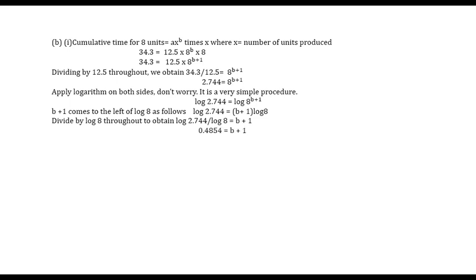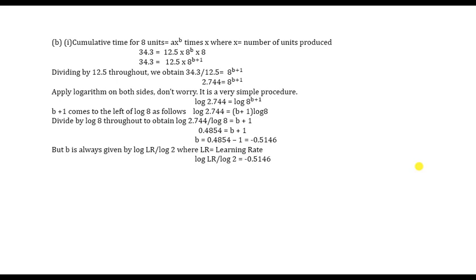Then we continue simplifying. We have 0.4854 equals b+1. Then you compute b, which is equal to 0.4854 minus 1, which equals negative 0.5146. But b is always given by this formula: log LR divided by log 2, where LR means learning rate.